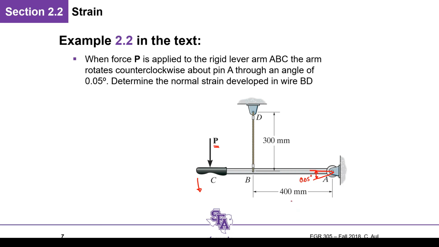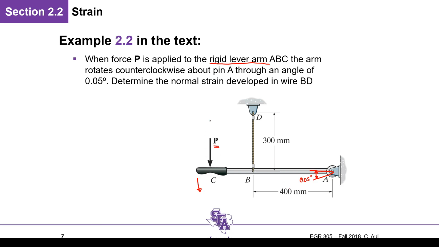So let's think about what that really is. This here is not gamma, right? We're just looking at this rigid body. It says rigid, yep, this is a rigid lever arm, ABC, and it rotates counterclockwise about pin A for 0.05 degrees, okay?